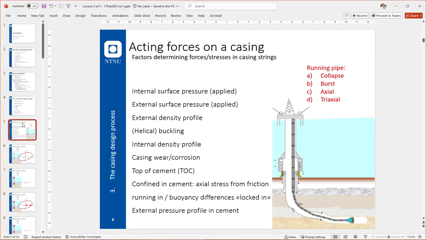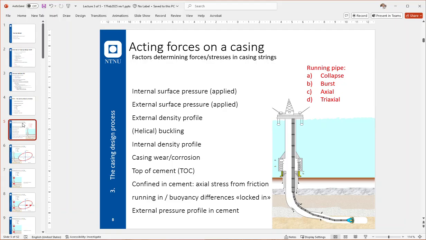And what we will do, we will use the drawing on the right here. This drawing, we will have to do a mental exercise with it, thinking, okay, on one side it clearly looks like it is drilling, but sometimes it will represent a casing that is either installed or about to be installed, being run in the well.